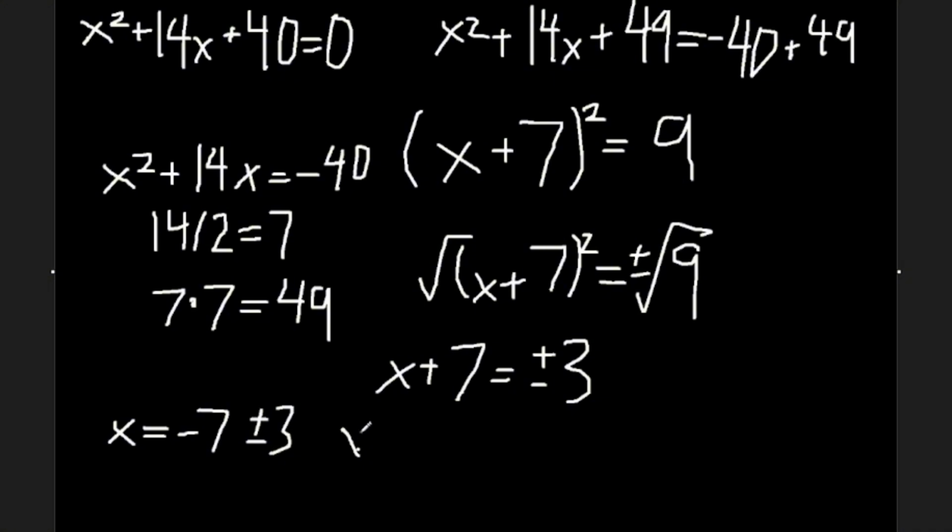Now, x equals negative 7 plus 3 is equal to negative 4. And x equals negative 7 minus 3 is equal to negative 10.